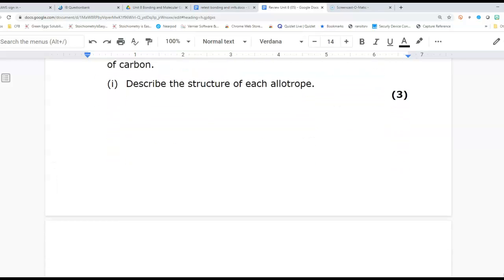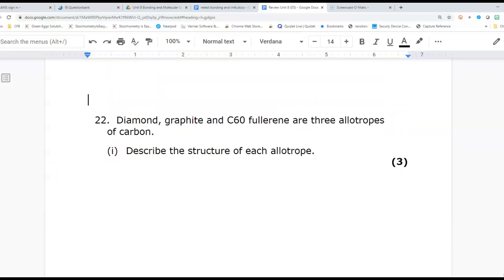Okay, question number 22. Diamond, graphite, and C60 fullerene are 3 allotropes of carbon. Describe the structure of each allotrope. It does not say to draw it. It simply says to describe the structure of each one. And there are 3 points here.